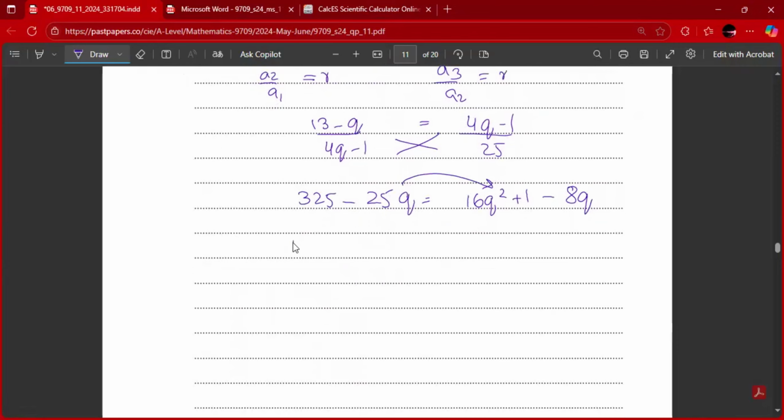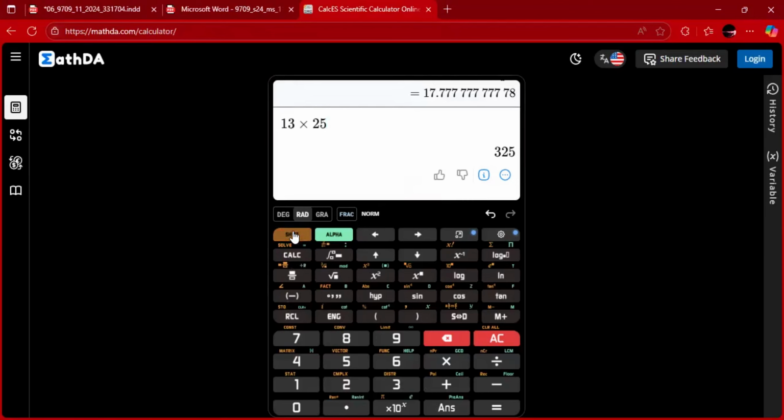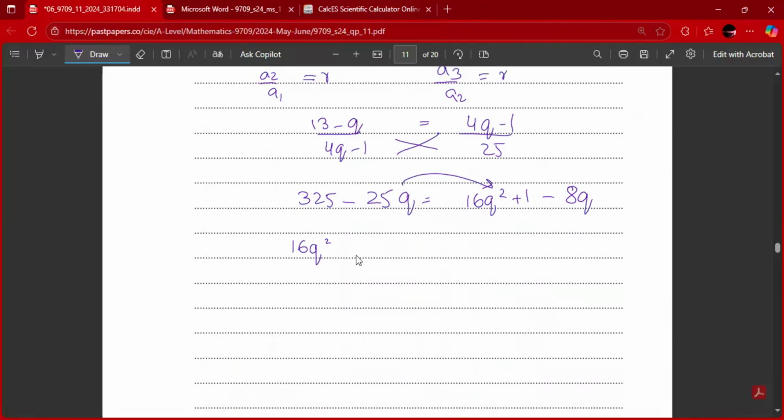Taking all the terms to one side, 16q squared plus 25 minus 8, I think it's equal to 17. So 16q squared minus 17q minus 324 is equal to 0.